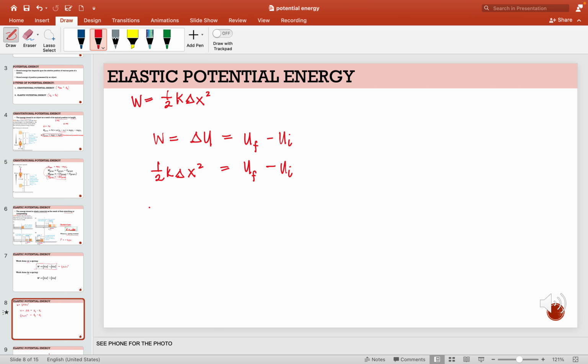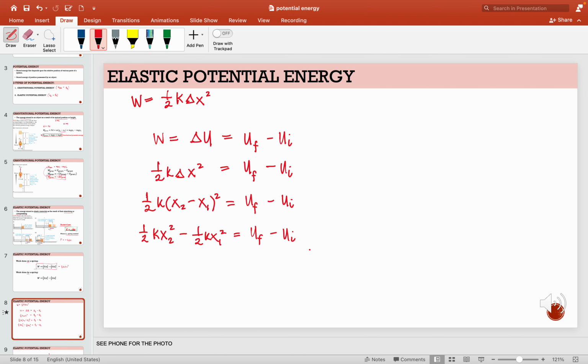Again, delta x is final position, or x sub 2, minus initial position, quantity squared. The right side of the equation is the same. Distributing x sub 2 and x sub 1, we have 1/2 k times x sub 2 squared minus 1/2 k times x sub 1 squared is equal to, again, final potential energy minus initial potential energy.